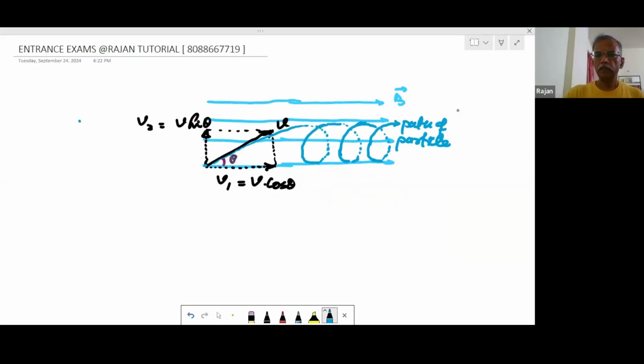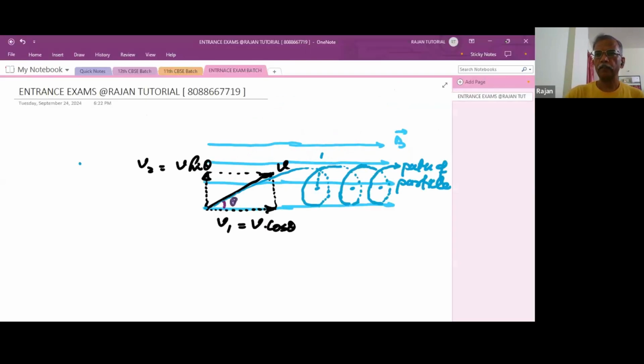So now suppose we go further. Here we'll talk about various things: the radius of this helical path, which we can find easily, and then the other thing, from peak to peak. If I take from peak to peak, that will be the pitch of the helical path.